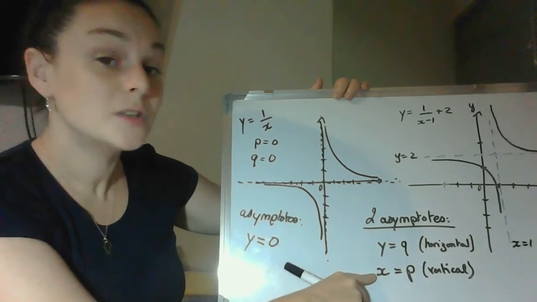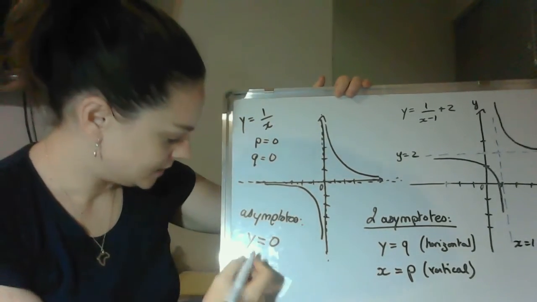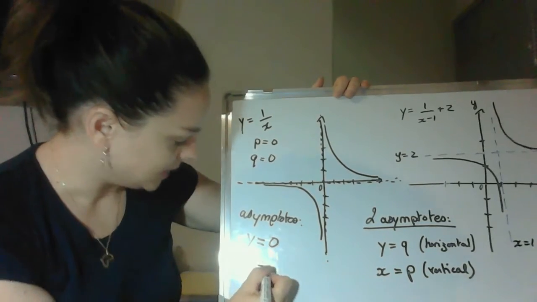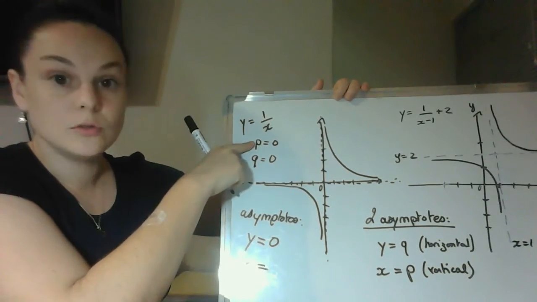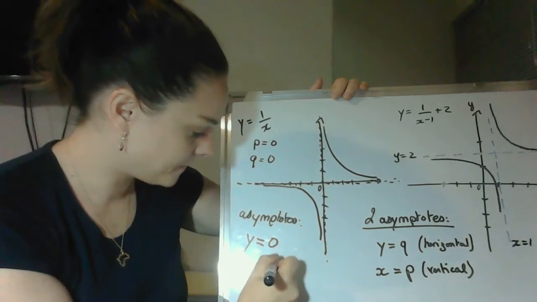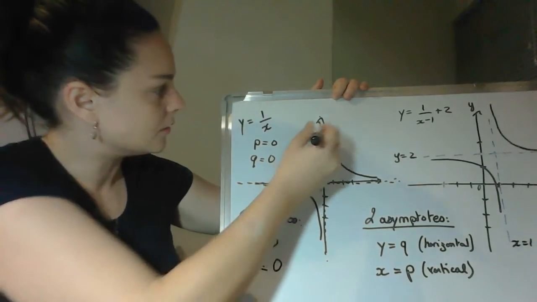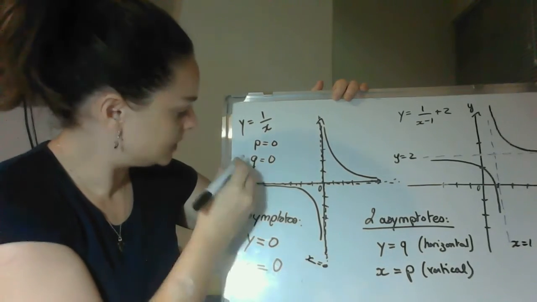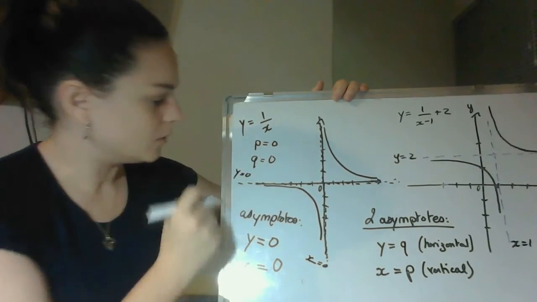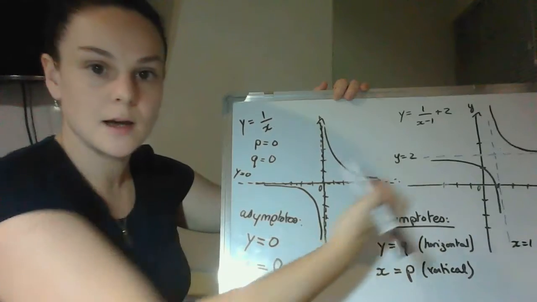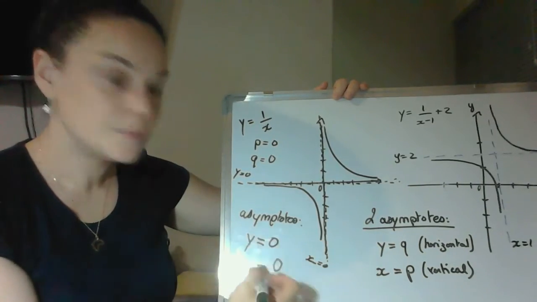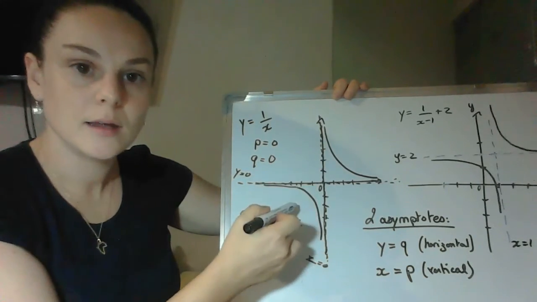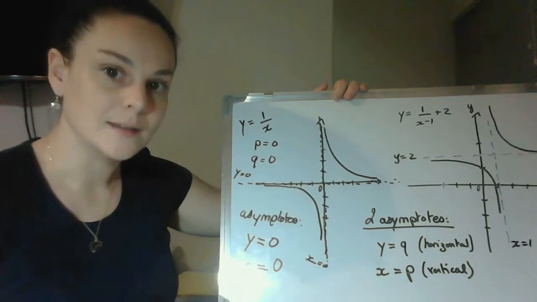Now, the vertical asymptote is x equals p. So x is equal to 0 here. And x equals 0 is a vertical line. We have x equals 0 and y equals 0. Those two lines are the two asymptotes, and they split our hyperbola in the left arm and the right arm.